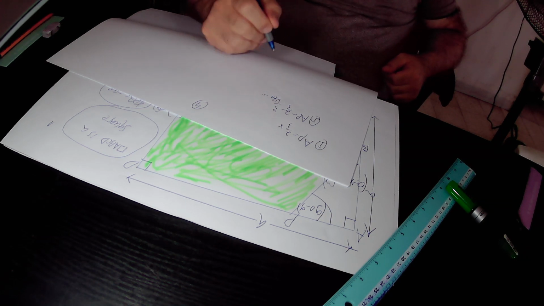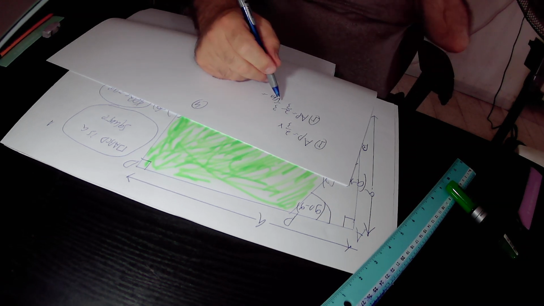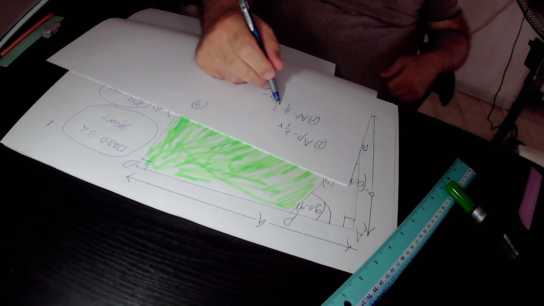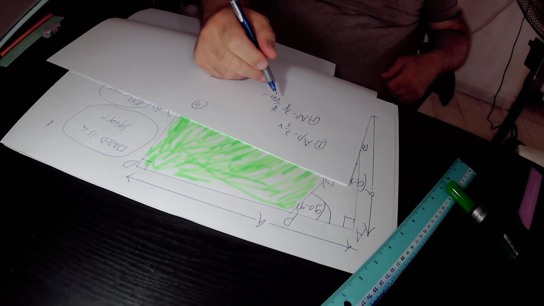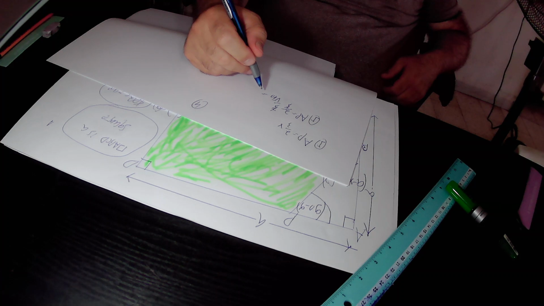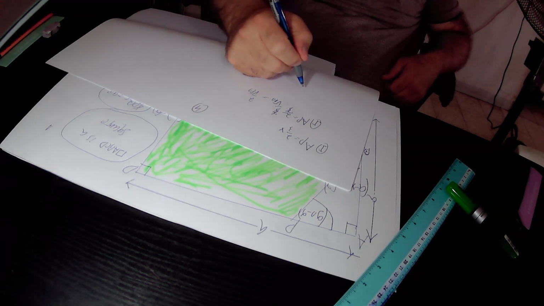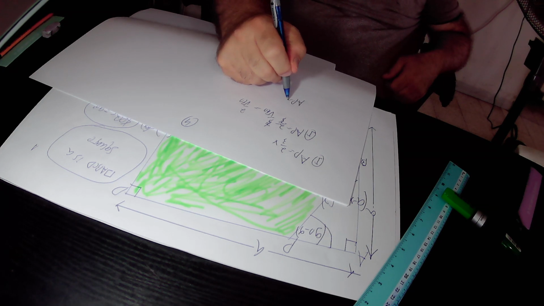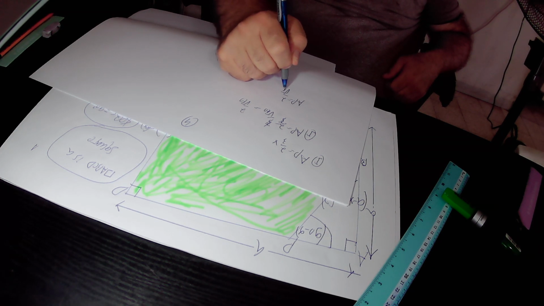So in total, AP equals 2/3 times 3 over square root of 10. Here we have 3 in the numerator and 3 in the denominator, so the 3s get cancelled. We get that AP equals 2 over square root of 10 units in its length.